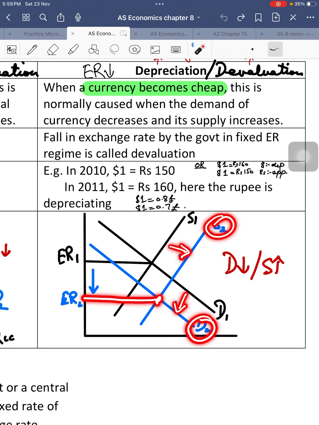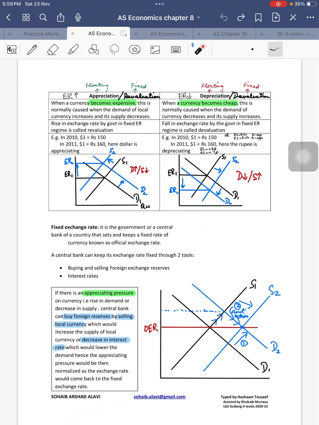And as you can see, this is at a lower value, so the exchange rate has fallen. If the exchange rate has fallen due to a free floating exchange rate without any government intervention, that means the currency's value is depreciating. This is what the two types of movements in a floating exchange rate look like.